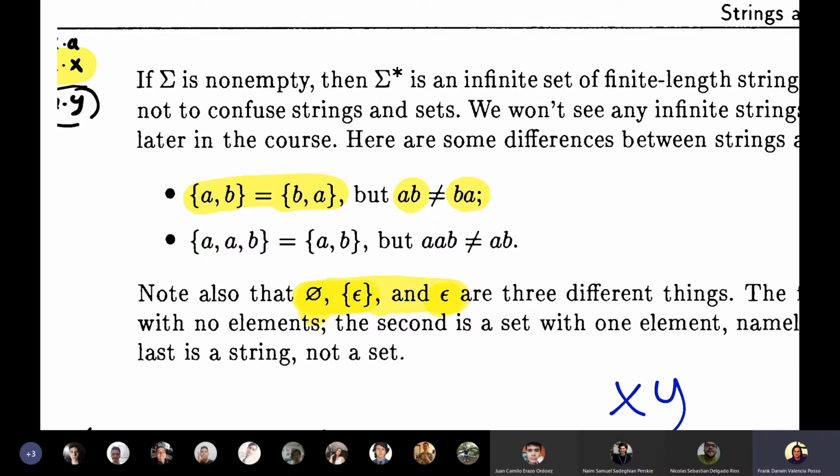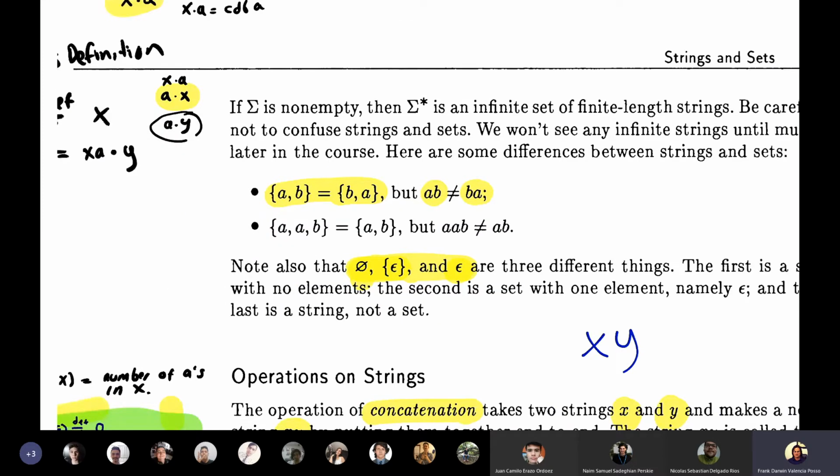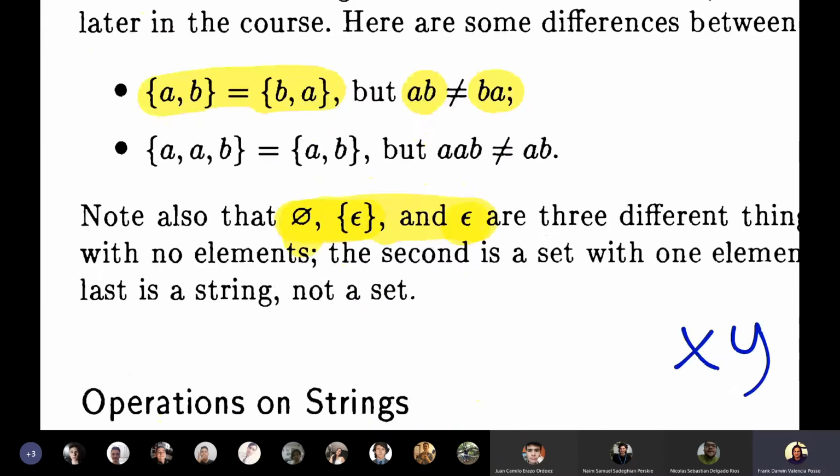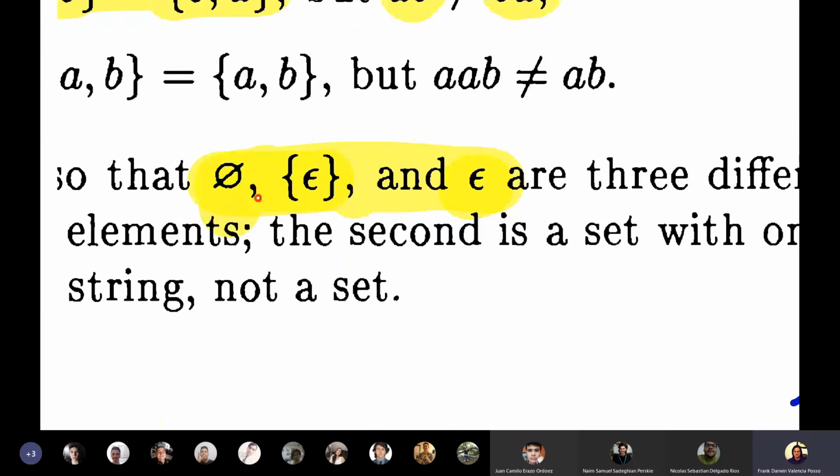It's because in some domains they are called sequences instead of strings. But in calculus, sequences mean something else. So if I say sequence, I mean strings too. So it's very important that you do not confuse these three things.